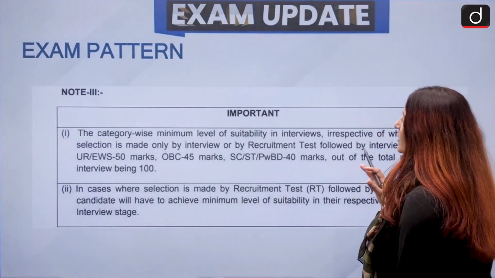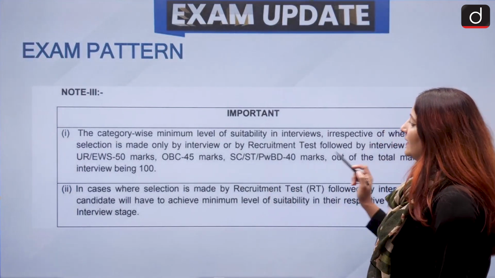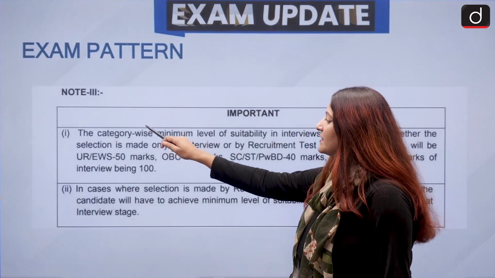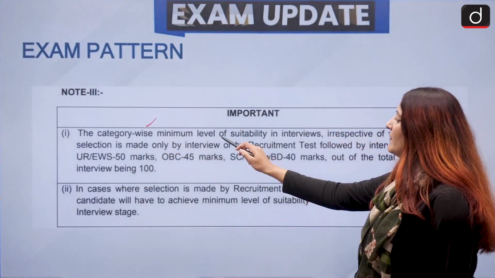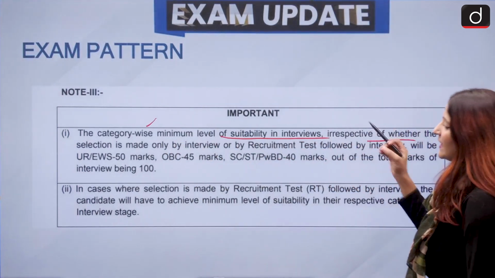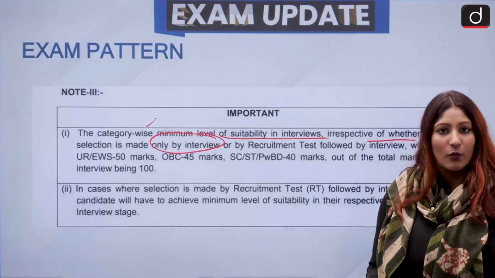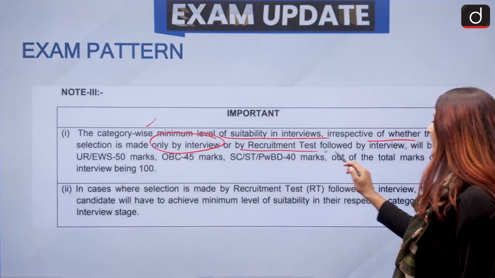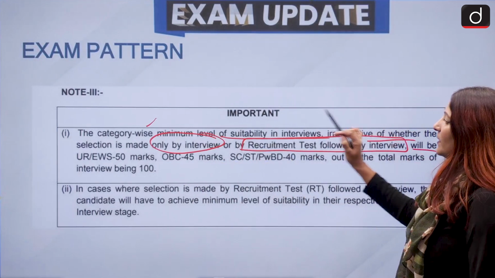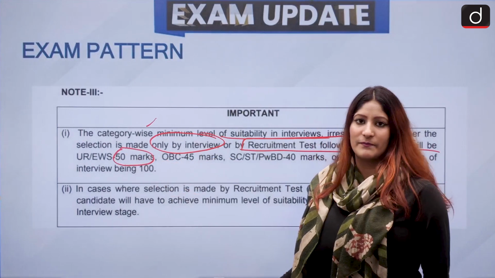Moving ahead. If the recruitment test happens, what happens? The category-wise minimum level of suitability, that means SC, ST, OBC, EWS, minimum level of suitability in interviews, irrespective of whether selection is made only by interview or by recruitment test followed by interview, that means written followed by interview, will be for unreserved category and EWS 50 marks.